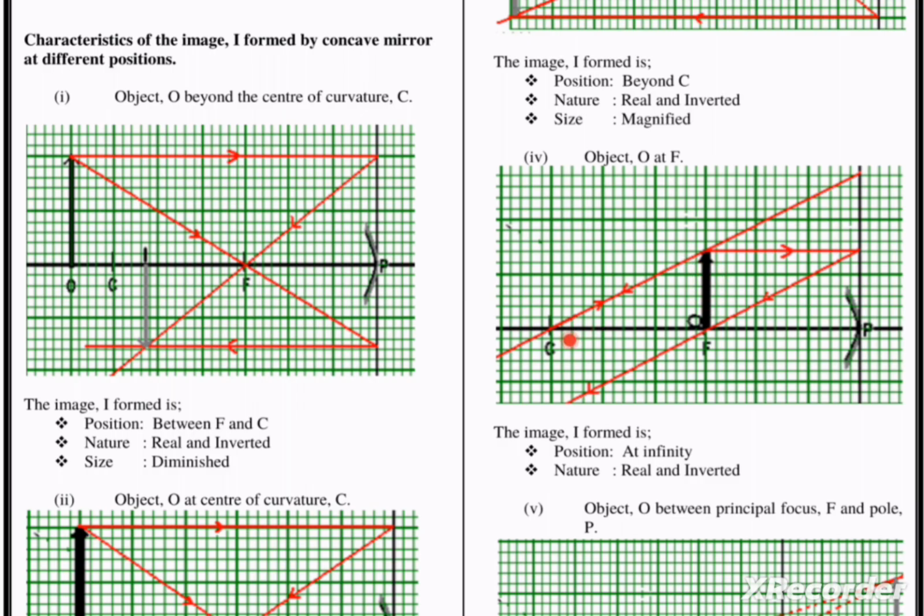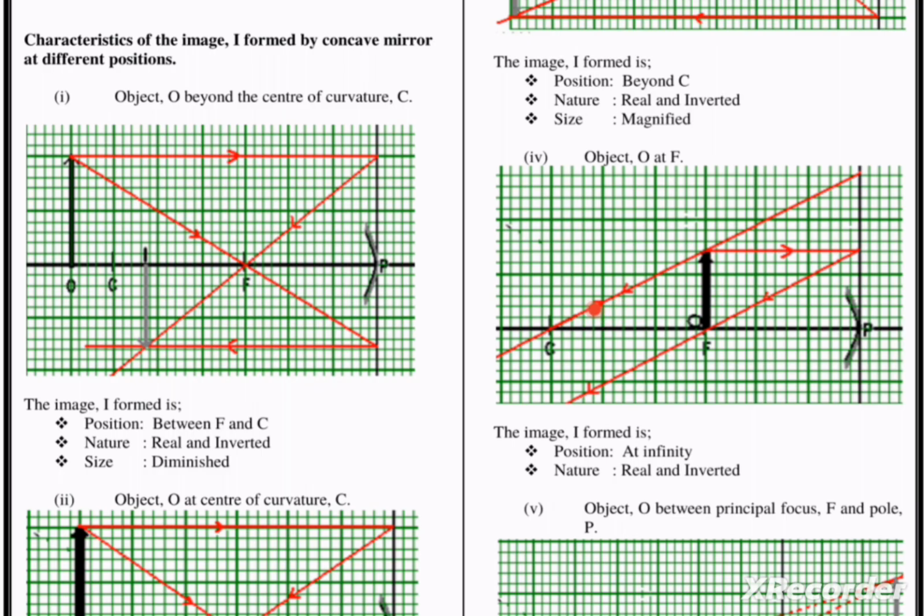We are introducing another guideline which says that a ray of light going through the center of curvature is reflected back in the same path. So when this ray of light goes through the center of curvature, it strikes the mirror surface here, then it is reflected back.